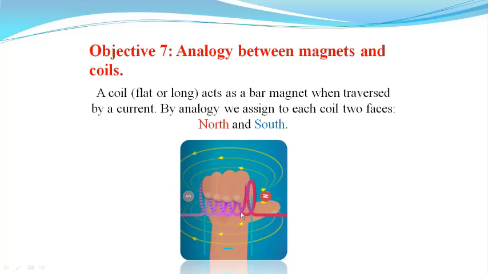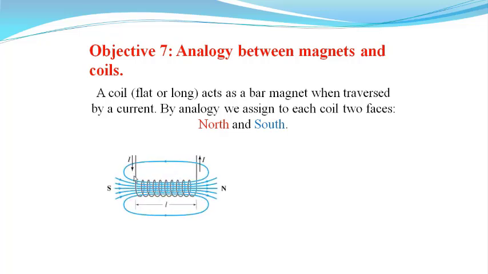By applying the right-hand rule, the direction of the magnetic field is to the right. So, this face of the coil acts as a north pole and that acts as a south pole. So, we can say that the magnetic fields enter the south pole and leave the north pole. Therefore, we can deduce that this coil acts as a bar magnet.